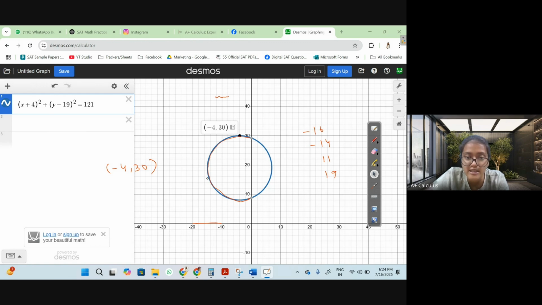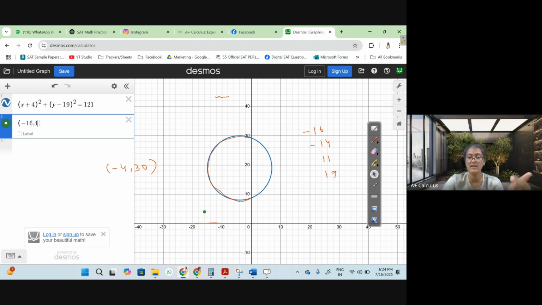Okay, if you actually see, you plot the point -16, so -16 will lie outside the circle. You can see this. If a has to take a value of -16, this is -16. So that definitely lies outside the circle.